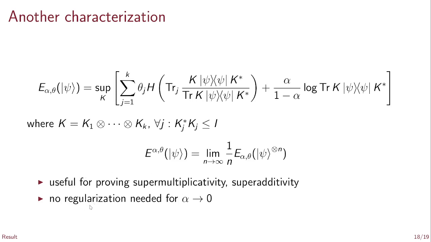And it's interesting to know that at least when alpha goes to 0, in the alpha equals 0 limit, there's actually no need to regularize. So that's an earlier result that in that case we get the same thing by considering these two expressions. I don't know if this is the case when alpha is not equal to 0, but at least the regularized version of this quantity is equal to the previous one.